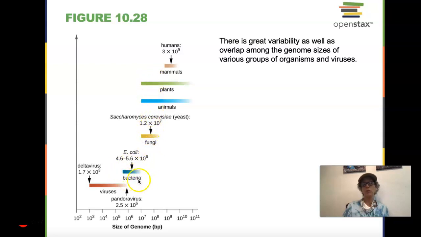A typical prokaryotic cell, a bacterial cell, is much smaller, with only 4.5 to 5.5 million base pairs, so that's 1,000-fold smaller. And viruses are smaller than that. The largest virus, Pandora virus, has 2.5 times 10 to the 6, so 2.5 million nucleotides, down to the smallest virus that only has 1,700 nucleotides. So genome sizes, tremendous variation.